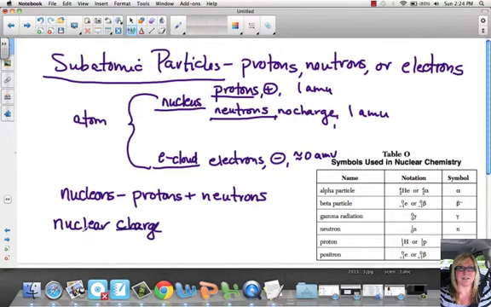When it asks you what is the nuclear charge of fluorine, the nuclear charge is +9, because nuclear charge really equals protons. Because when you think about nuclear, the only two things in the nucleus are the protons and the neutrons. And the neutrons have no charge. So really this is just a back way of asking you what is the number of protons of fluorine. And they will do that. So you need to make sure that you know that.